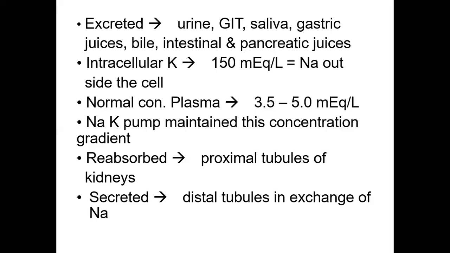Normal plasma concentration of potassium is 3.5 to 5 milliequivalent per liter. And as we have previously discussed in the last lecture, the sodium potassium ATPase maintains this concentration. As far as the reabsorption is concerned, it is primarily reabsorbed from the proximal convoluted tubules of the kidney. And it is secreted from the distal convoluted tubules in exchange for sodium.